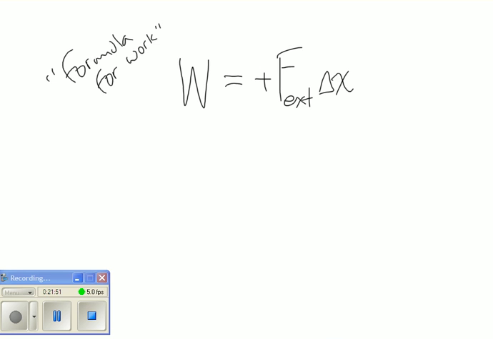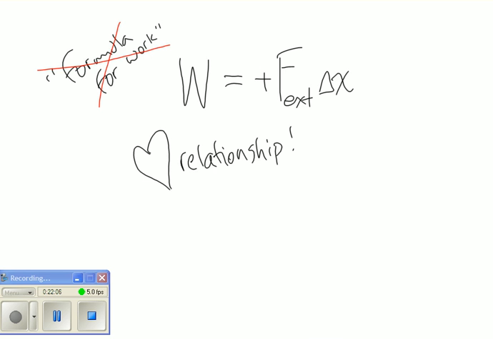Well, it is, but don't think about it like that. This is a relationship among these three quantities. You could express it otherwise.